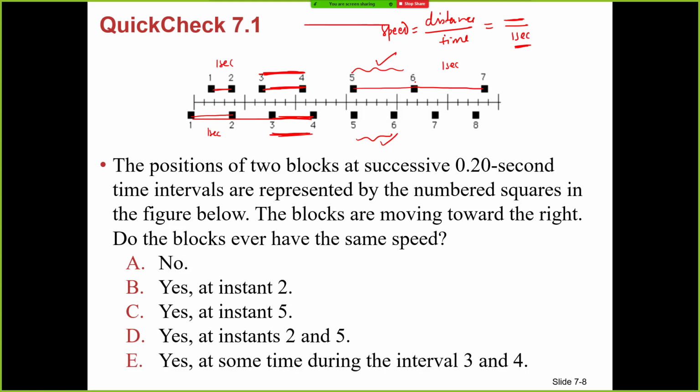Like from 6 to 7, there is more distance for this one compared to this one. So this one has greater speed. If you look at 1 and 2, this one has greater distance compared to that, so this one has greater speed. Only between 3 and 4, they have the same distance for the same time. That's where they have the same speed.